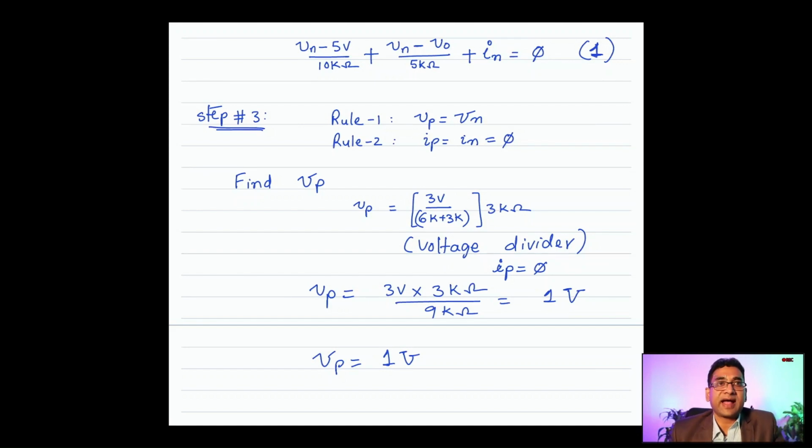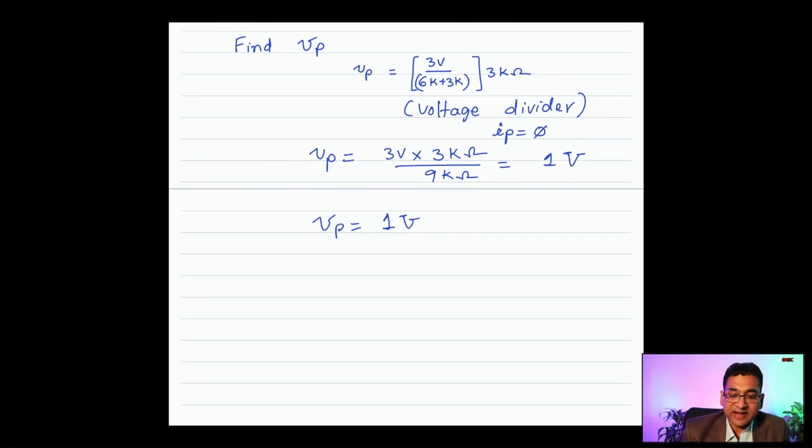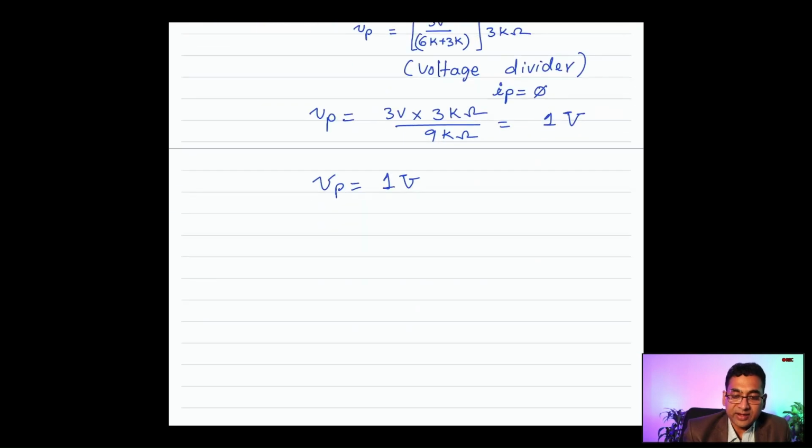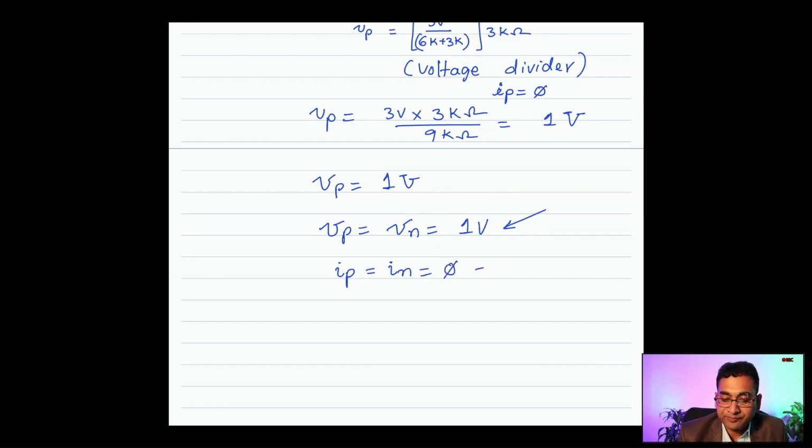Now we can go back to my rule 1. Vp equals Vn equals 1 volt. Very good. We have a value for Vn, and by applying rule 2, I have Ip equals In equals 0.